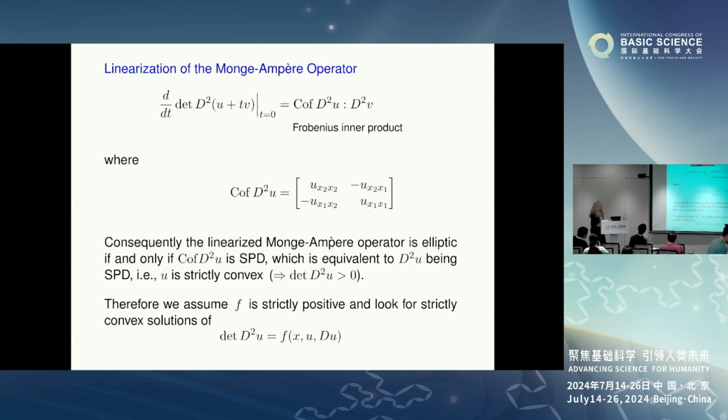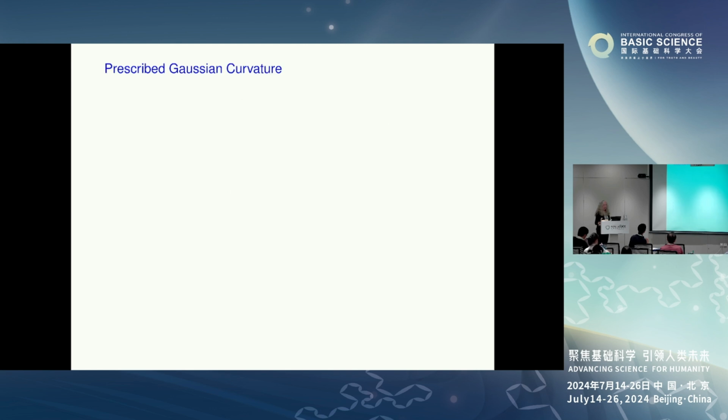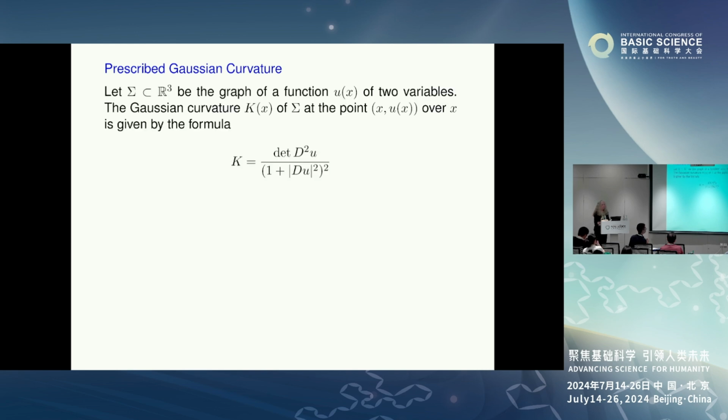So let me show you 3 examples of Monge-Ampere equations. These examples can be extended to higher dimensions, but I'll only mention 2D examples in this talk. The Monge-Ampere equation appears in the prescribed Gaussian curvature problem. If we let sigma be the graph of a function u in 2 variables, the Gaussian curvature of a graph is given by this formula.